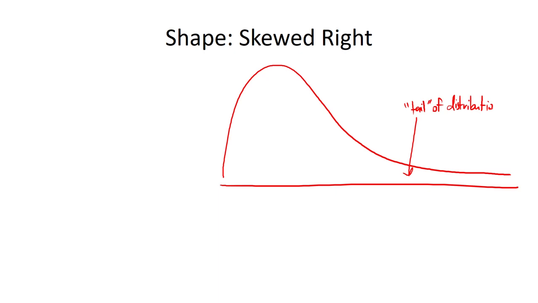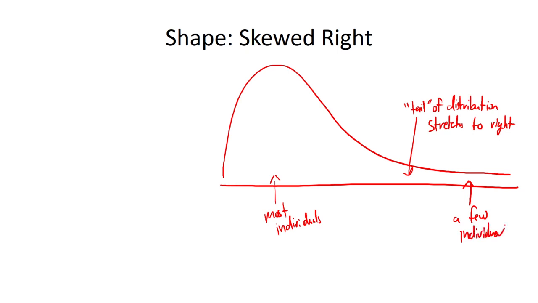The tail of the distribution stretches to the right. Okay? And so it's like most people are down at the bottom of the distribution, right? And then only a few individuals are ever found at the outlying ends of the other side. Okay?